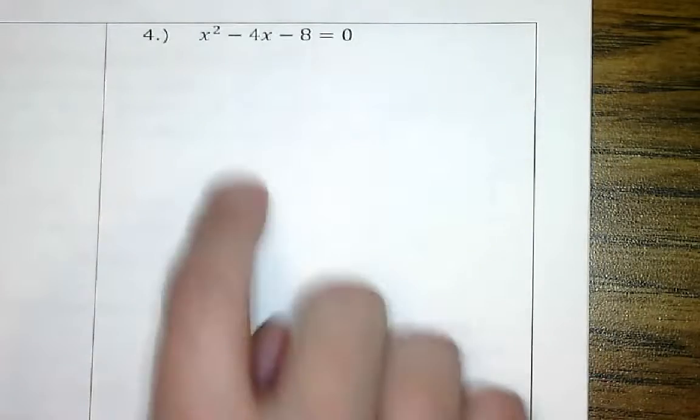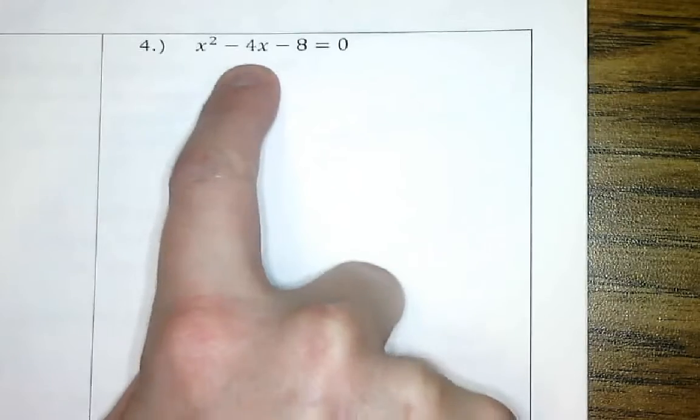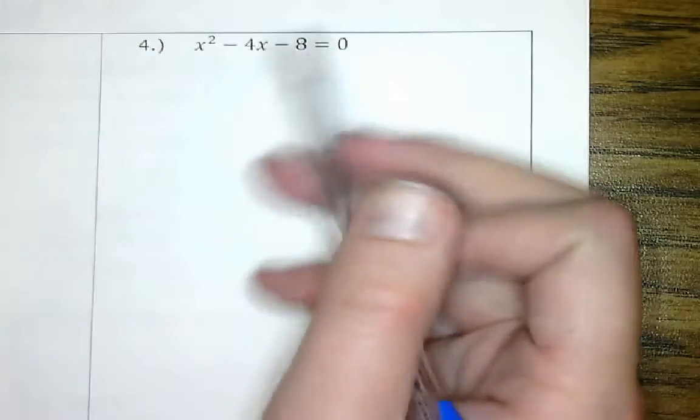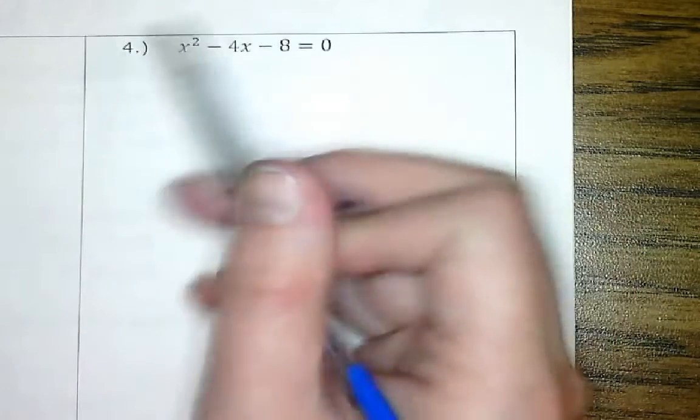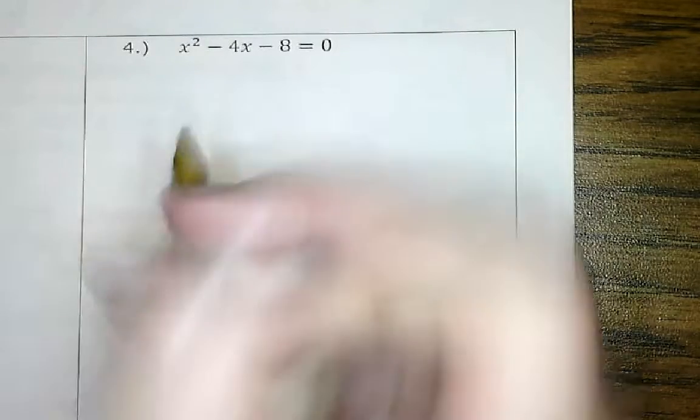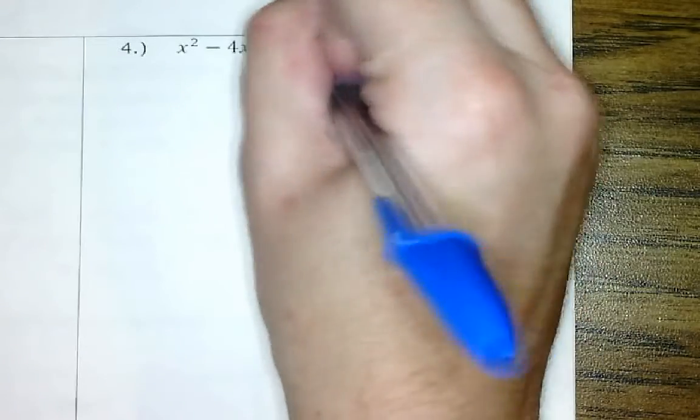All right, y'all? So what is our first step for number 4 right here? We want to go ahead and add our 8 to both sides. So I'm going to add 8. So this is going to give us x squared minus 4x plus the little blank spot is equal to 8 plus the little blank spot.